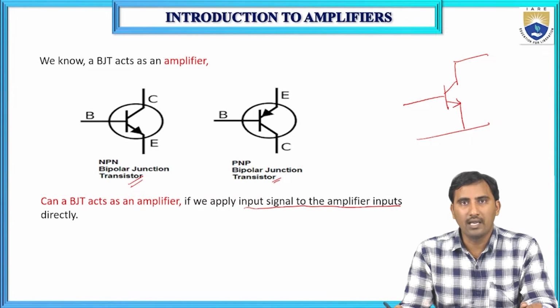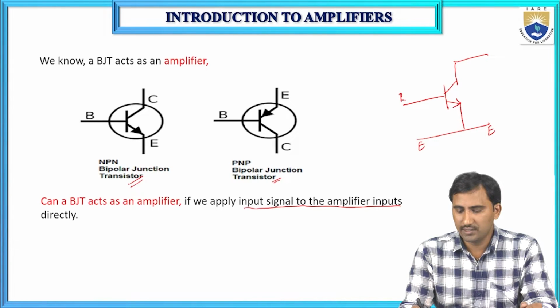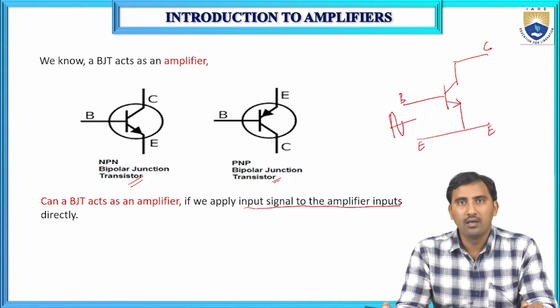So this is a common emitter amplifier. Emitter, base, collector. If you apply an input signal directly to the input terminals of the transistor or BJT, it cannot amplify.